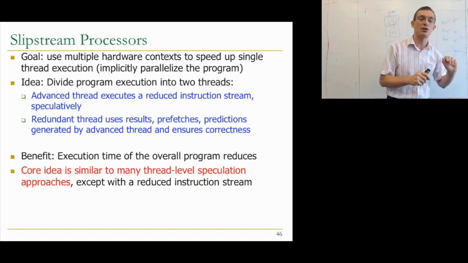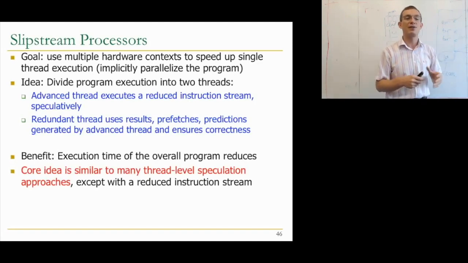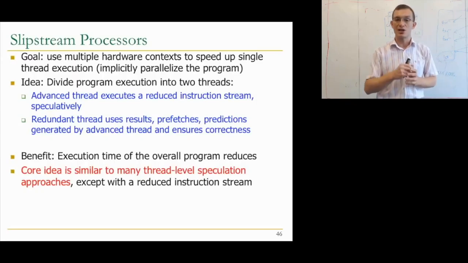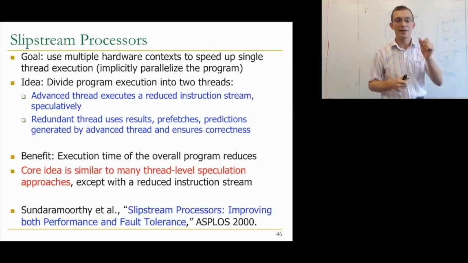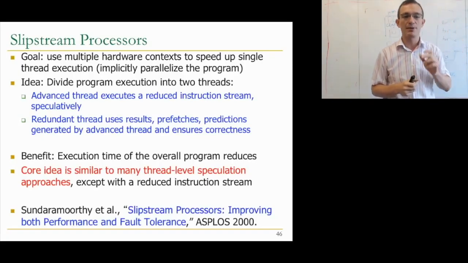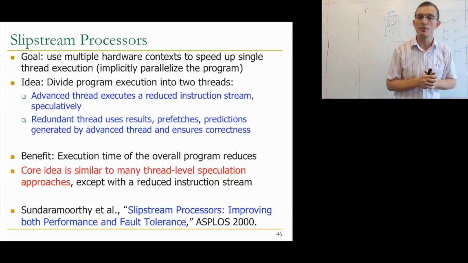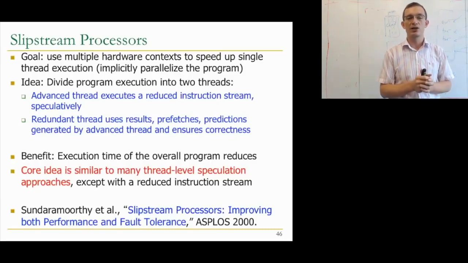Thread-level speculation that we talked about earlier, from Steffan et al., doesn't reduce the instruction stream either. Here, the instruction stream is reduced, and it's reduced dynamically. And we'll take a look at how it's done. And this paper talks about Slipstream processors improving both performance and fault tolerance. It actually discusses how we can improve fault tolerance as well, right?